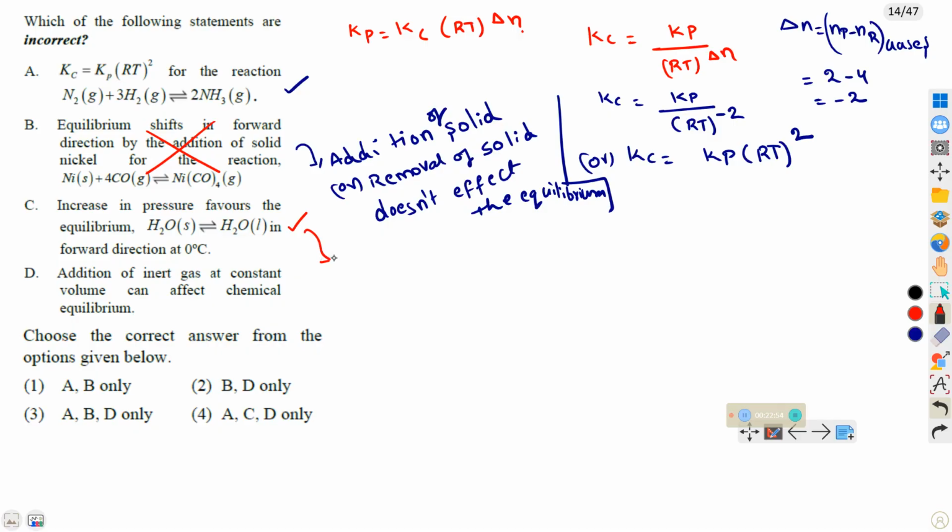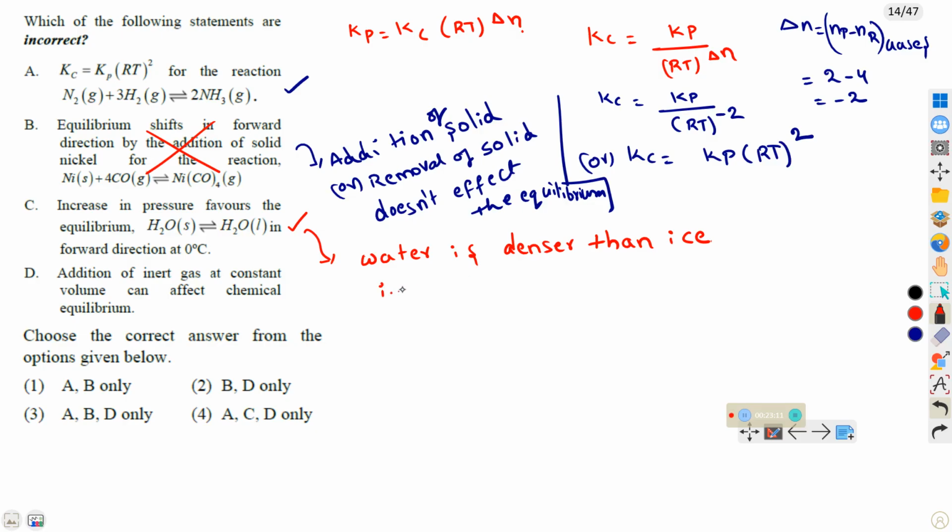Actually, remember one point. Water is denser than ice.